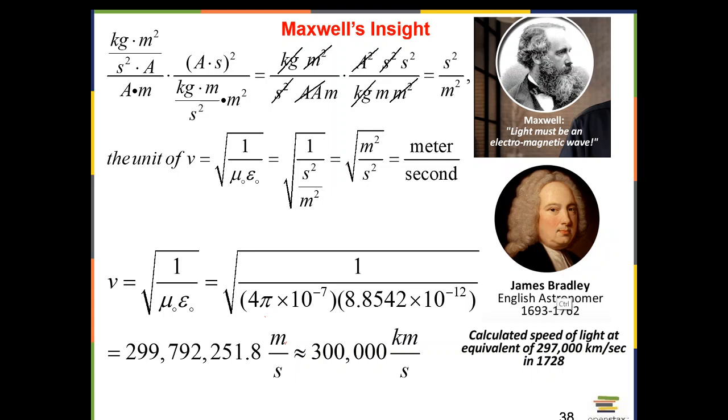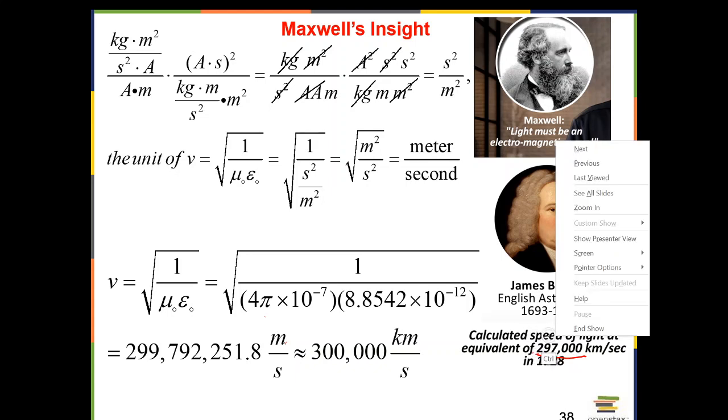Well, he knew about James Bradley's estimate of the speed of light. So he found a way to measure how fast light moves using mirrors and things, okay? But that itself is pretty tricky. You can actually search that and see how he was able to find the estimate for the velocity of light.